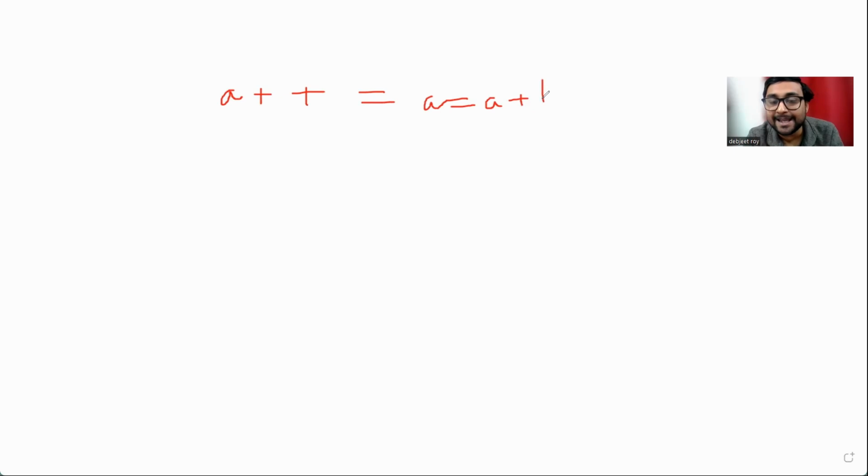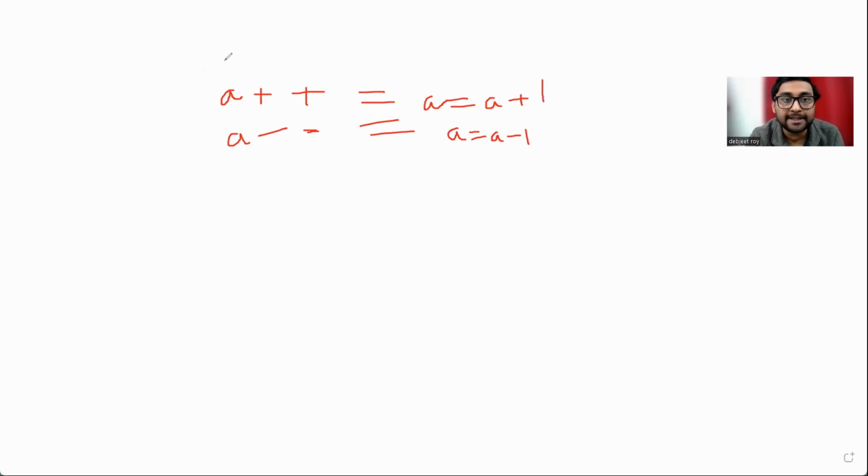So a plus plus means a equal to a plus 1. Similarly, b plus plus will be b equal to b plus 1. And if I'm talking about a minus minus, it will be equal to a minus 1. This is the post increment and post decrement on any variable.